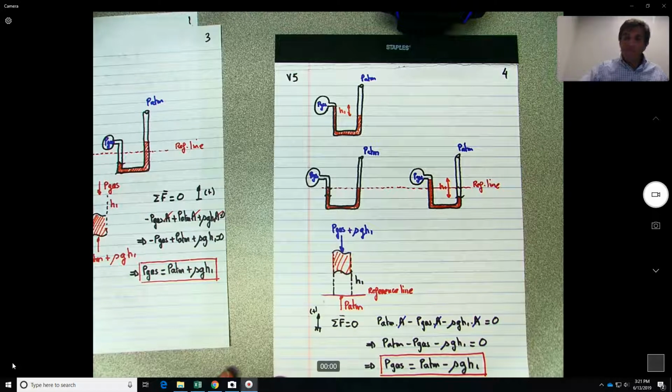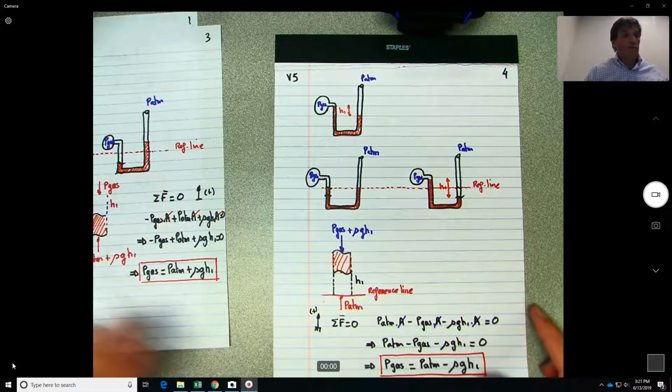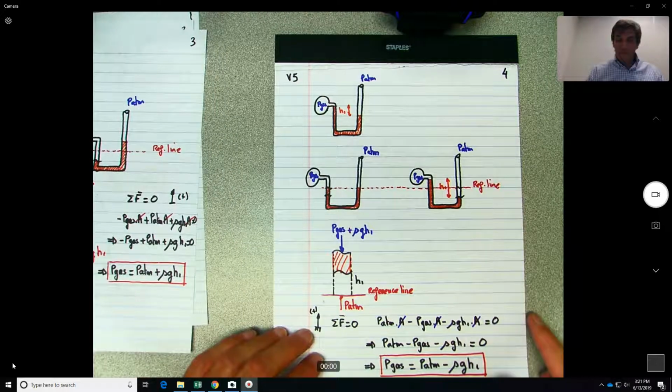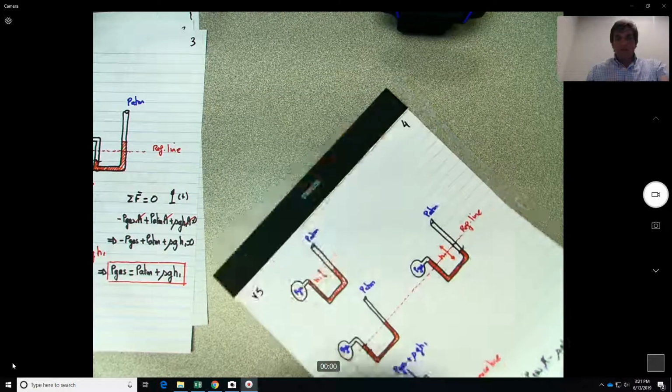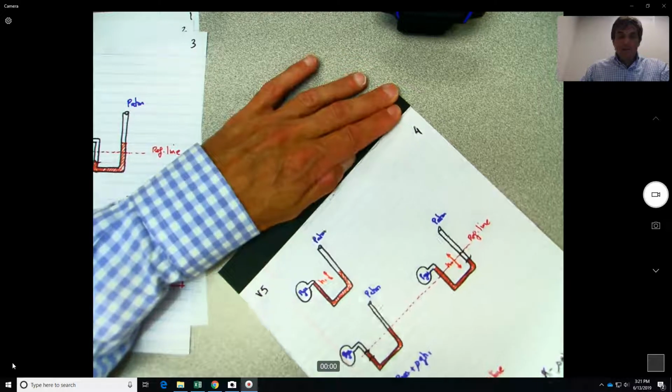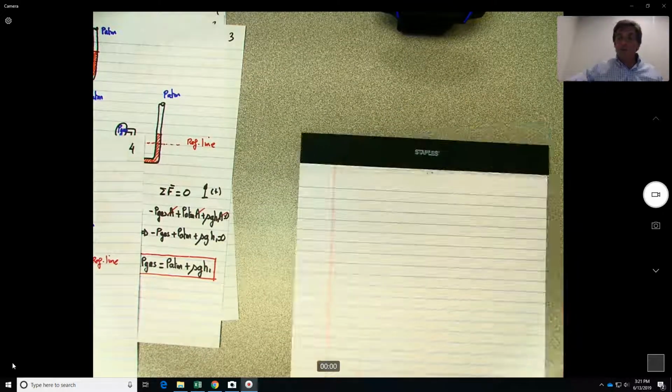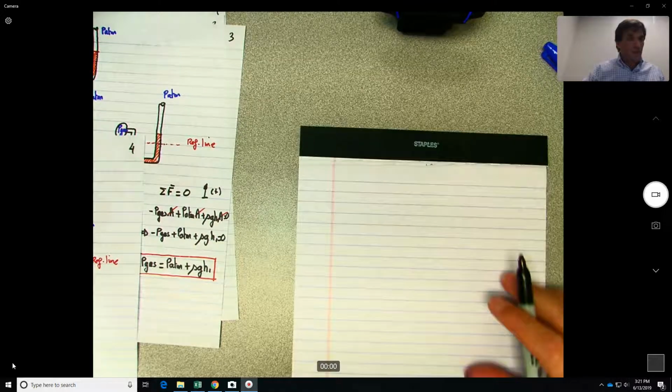Okay. All right, so let us try to summarize the results, to try to come up with a procedure that will help us to solve the problems a lot faster.